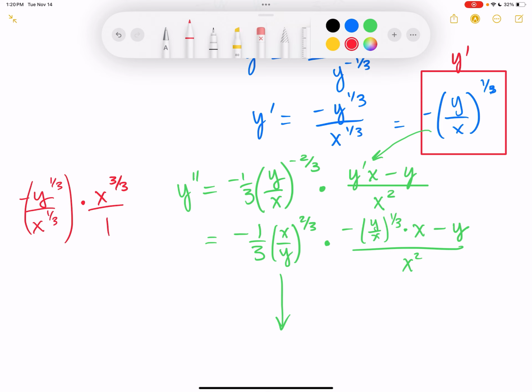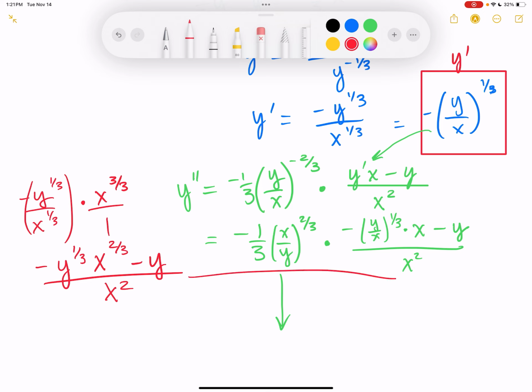So, I'm going to end up with negative y to the 1/3 x to the 2/3, minus y. Okay, that's that piece, all over x squared. That goes right there.